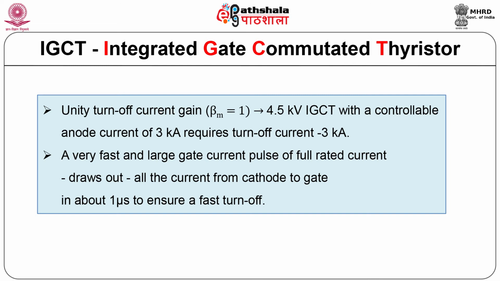A very fast and large gate current pulse of full rated current will be required to turn off the GCT. That is why the drive is necessary. The drive is inbuilt in IGCT. So, it will turn off the thyristor within 1 microsecond because of such a large current pulse.